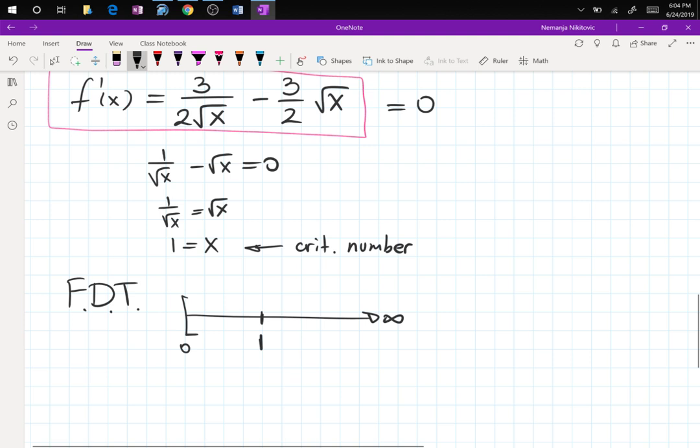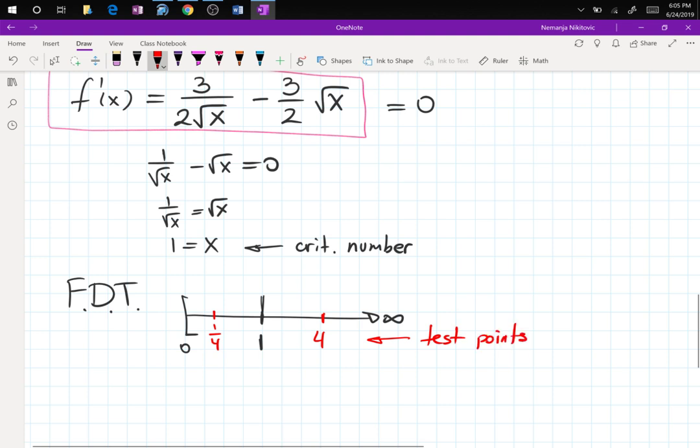So this is my domain, and I see that I have a partition here, so I need to pick 2 test points. Now I have square root of x, so easy test points would be a quarter, because I can take even square root of that. And number 4 is also good, because I can take a nice square root of that. So those are my test points. The red ones are test points.